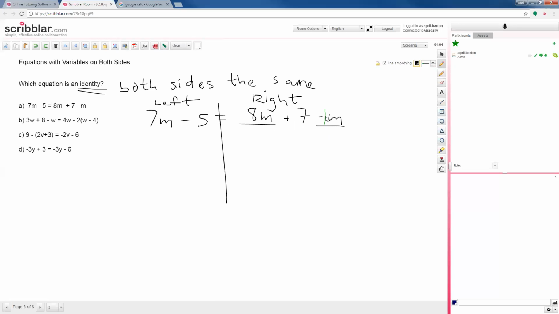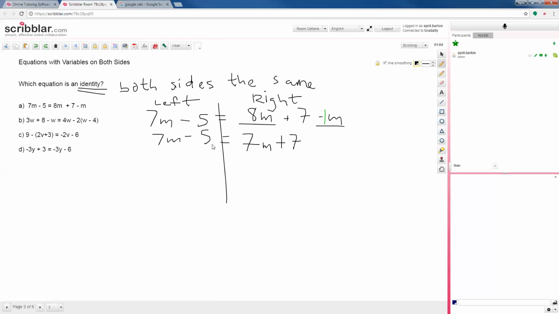But then they assumed everyone else also knew that, so it's something we have to remember. If there's not a number written there, it's a 1. So we combine those together. And 8 minus 1 is 7m. You combine the numbers in front and leave the variable.